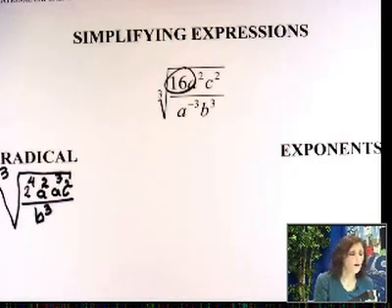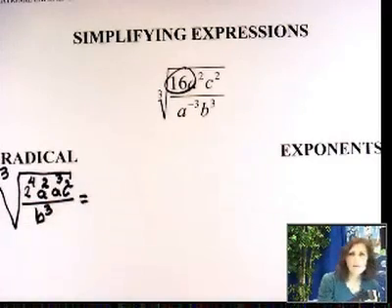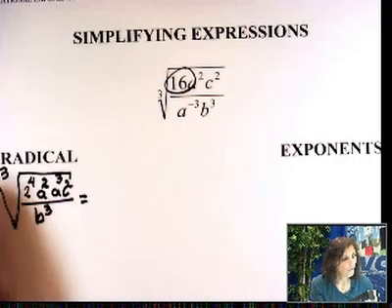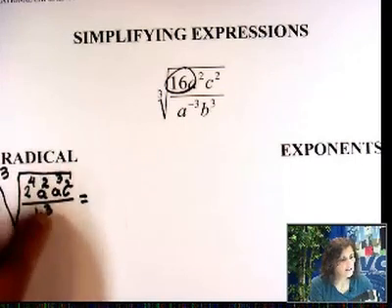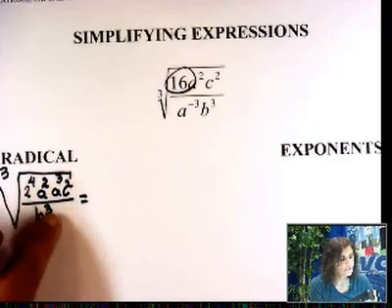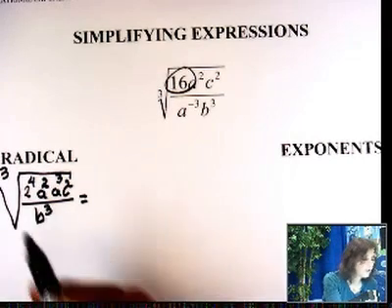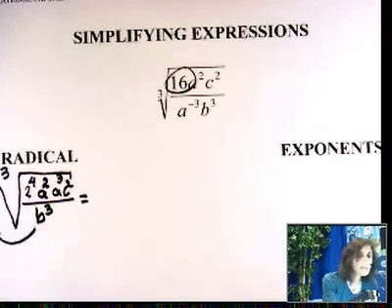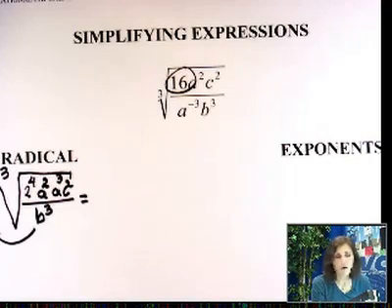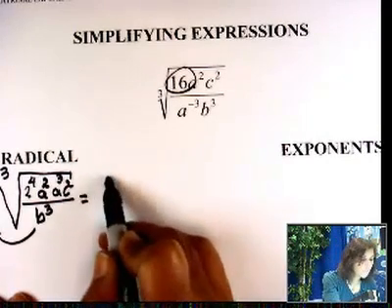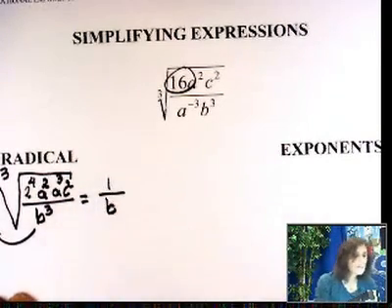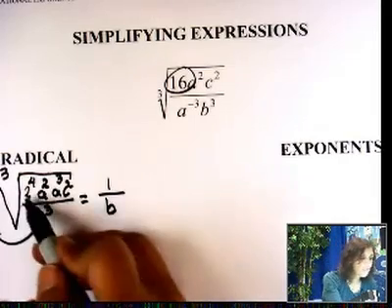I know that I'm keeping it in the radical form. When I have these 3 things, the index, this power, and that power match, that means they can come out. Be careful. This can come out. Again, I'm assuming all the variables are positive. It will come out as 1 over b. Does that make sense?